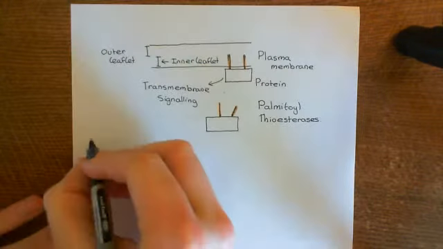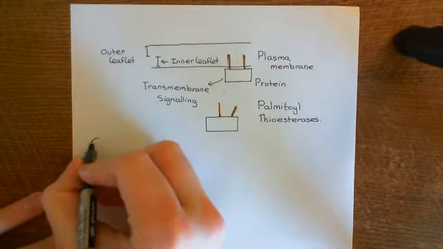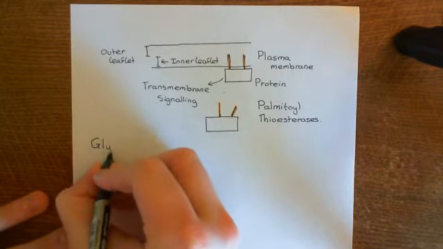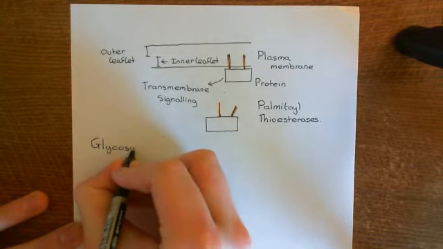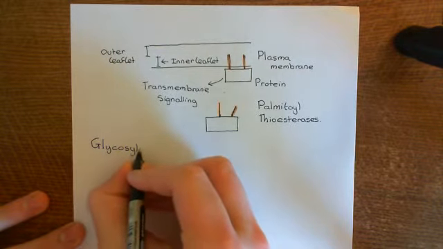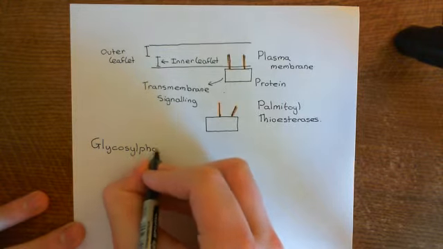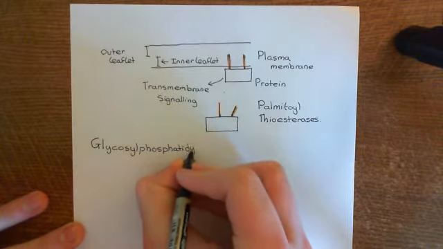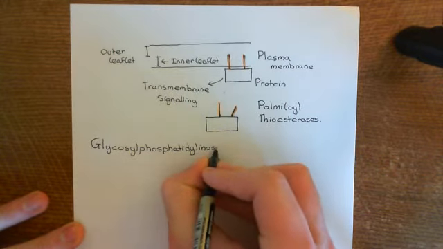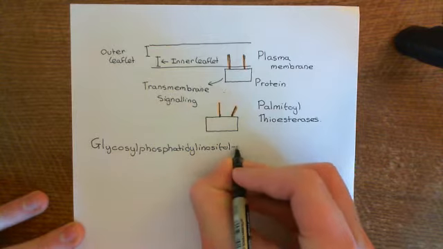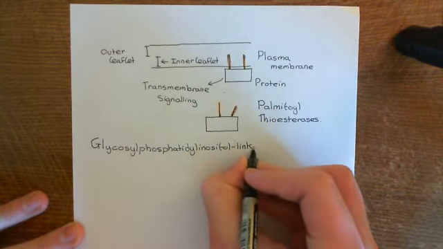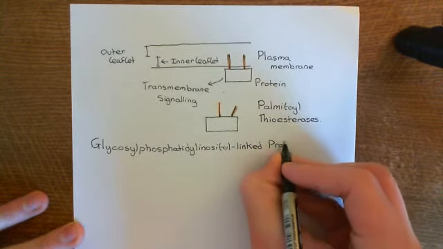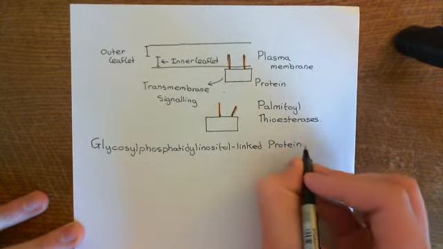But for now, we will turn our attention from palmitylation to the final type of lipid modification that you can make to proteins, which is adding glycosyl phosphatidyl inositol groups on. To explain what these are, I'm going to start off by explaining what a phosphatidyl inositol molecule is.